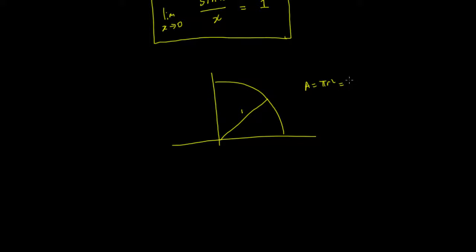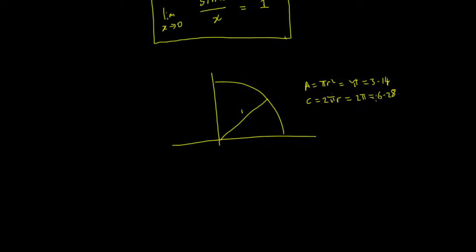Now r is 1, so the area is pi, so the area is 3.14. Now the circumference of that circle is going to be 2 pi r. Now if r again is equal to 1, the circumference is 2 pi, which equals 6.28. So the circumference is twice the area.